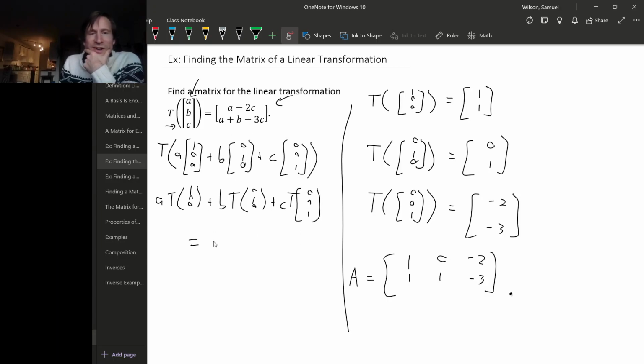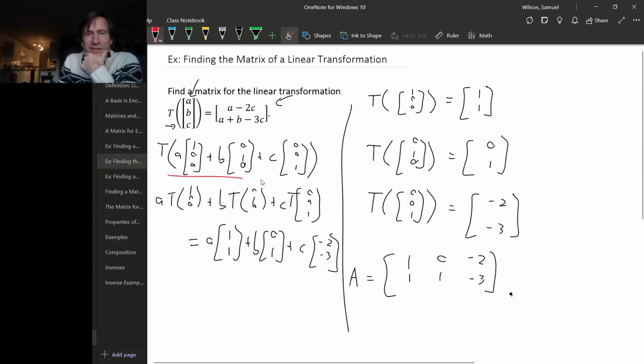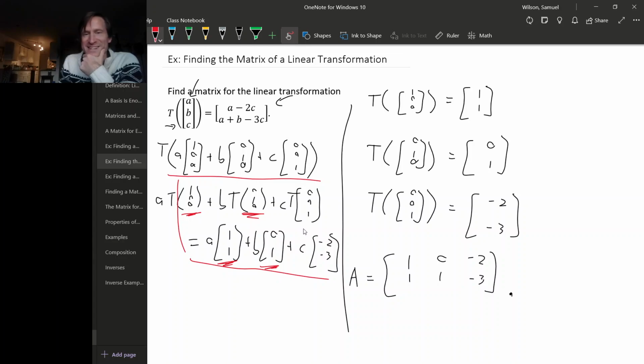Using the formula, you can see that this is A times (1, 1), B times (0, 1), C times (minus 2, minus 3). And now comparing this expression and this expression, you can see that T of (1, 0, 0) had better be (1, 1), and T of (0, 1, 0) had better be (0, 1), and T of (0, 0, 1) had better be (minus 2, minus 3).